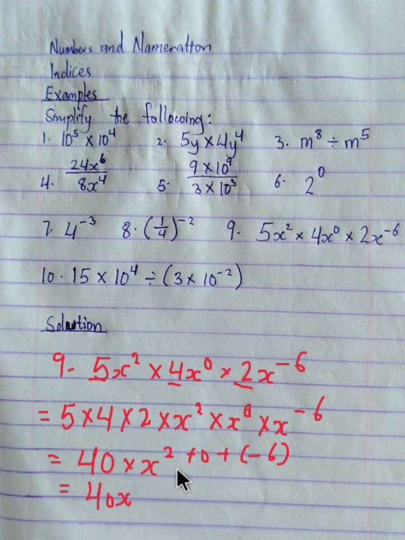So that is going to be 40x. 2 plus 0 is 2. Plus minus, that is going to be minus 6. And this is going to be 40x raised to power 2 minus 6. 2 is less than 6, 6 is bigger, so the answer is going to be negative 4.